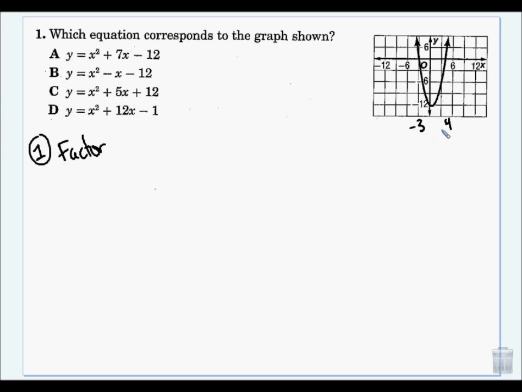Well, -3 times 4 is -12, right? And -3 plus 4 is 1. Interesting.